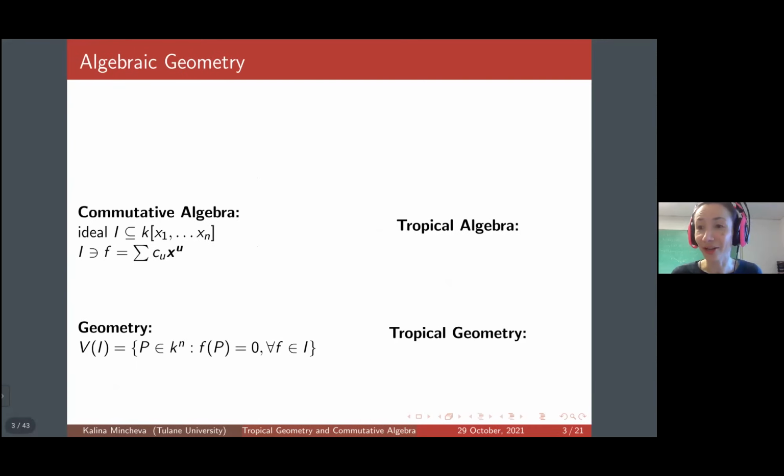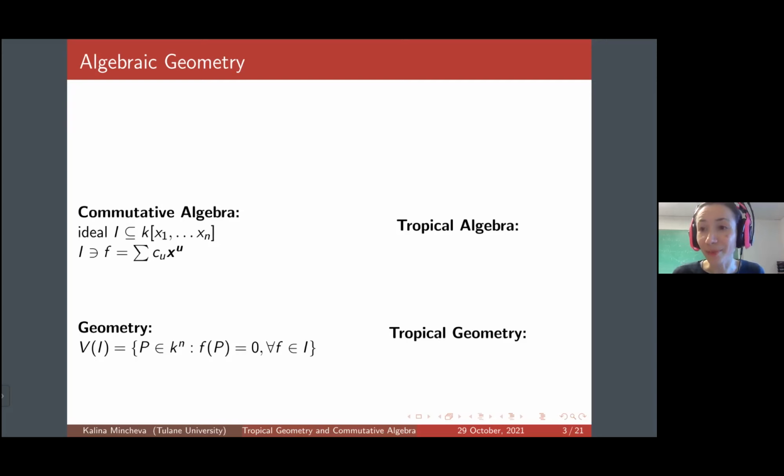If I have a curve or a variety, then it's defined by an ideal that lives in a polynomial ring. In this ideal, we have polynomials, clearly. And what the geometry is, well, I'm looking at the zero locus of each of the polynomials in the ideal, and this is going to cut out my variety.